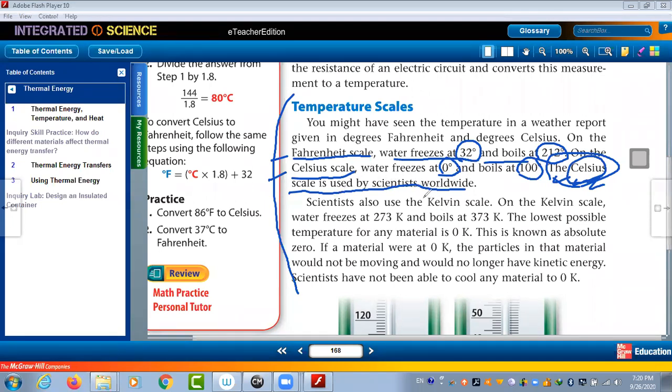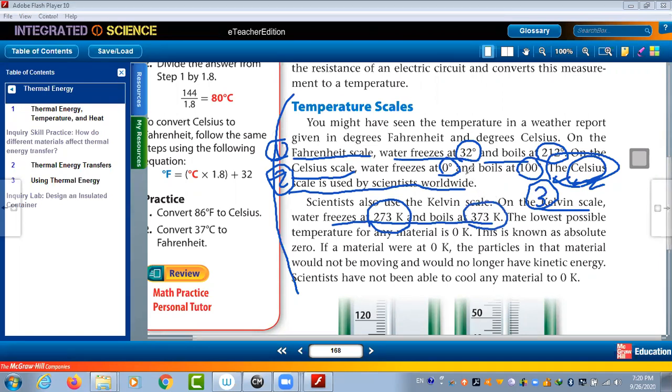The first one we said was Fahrenheit, the second was Celsius, and the third one is the Kelvin scale. What is the freezing point of water and the boiling point? The freezing point of water is the starting point. It freezes at 273 K. You have to remember those numbers, and it boils at 373 Kelvin.